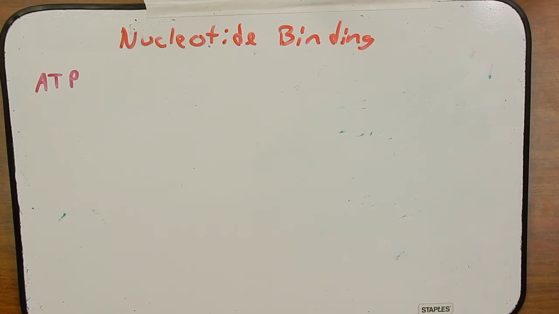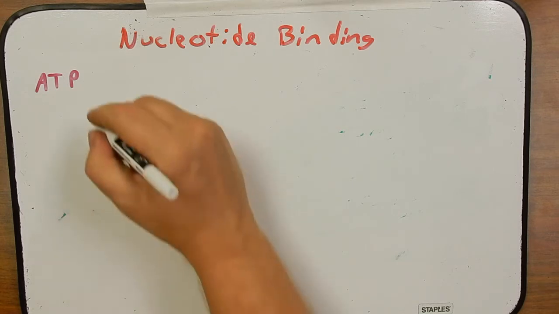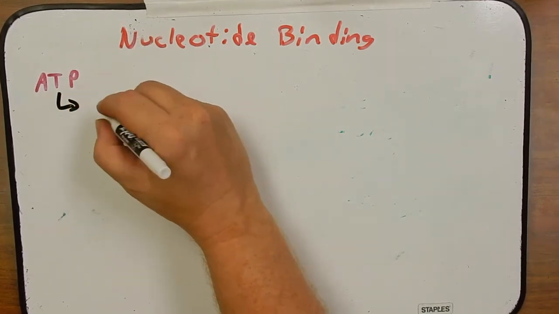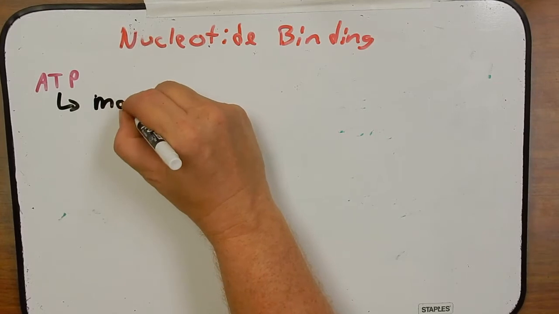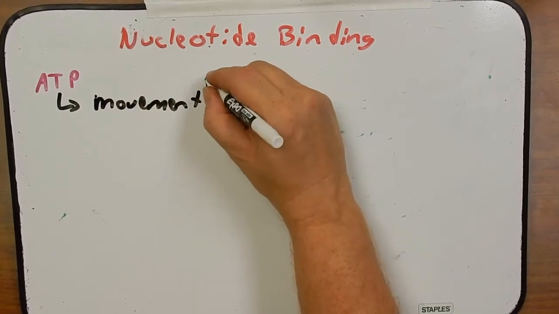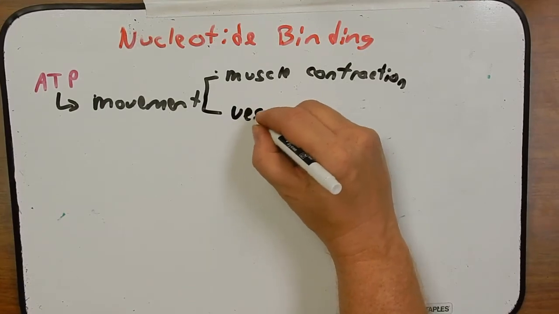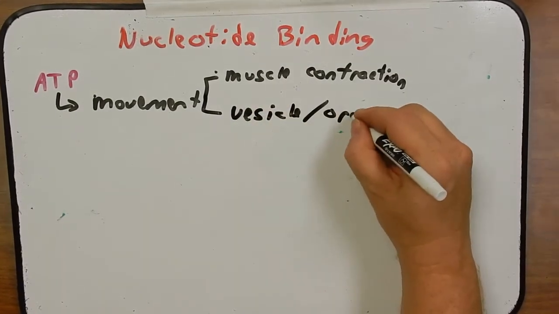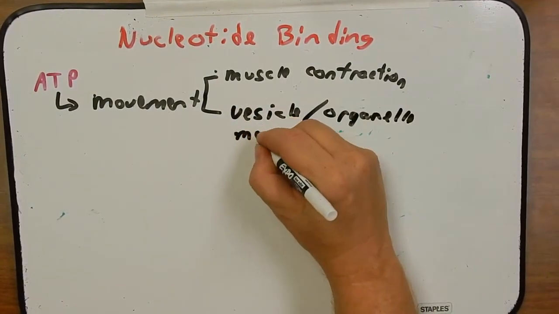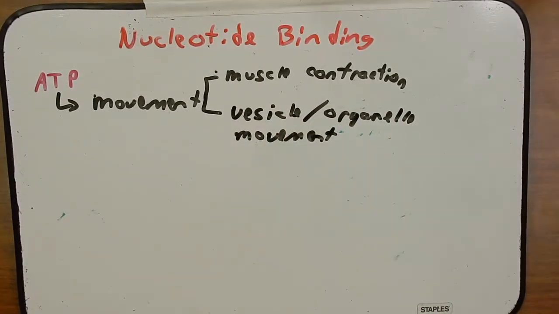ATP also changes the conformation of a protein, but I want to talk about it in its role in movement. We can think about how ATP is involved in muscle contraction, in vesicle or organelle movement in the cell. And ATP is very important for this.